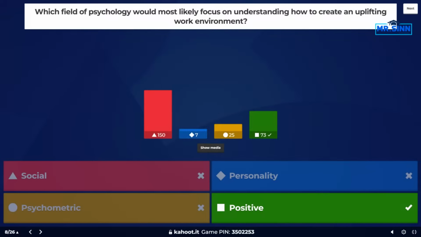So we have a lot of people saying social. Social is going to look more at individuals, society, culture, how all these impact a person. So they're interested in seeing how people think about others, the behavior, and how these things kind of impact and shape each other. If we're looking at positive, the whole point of positive is to focus on studying what makes life essentially worthwhile. They're focusing on individuals and societal well-being.